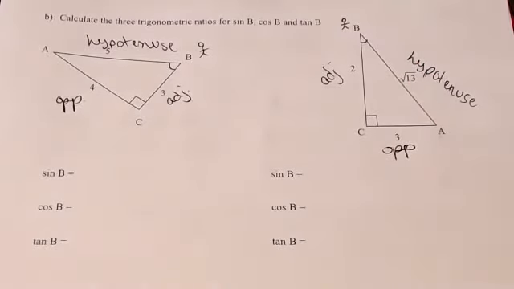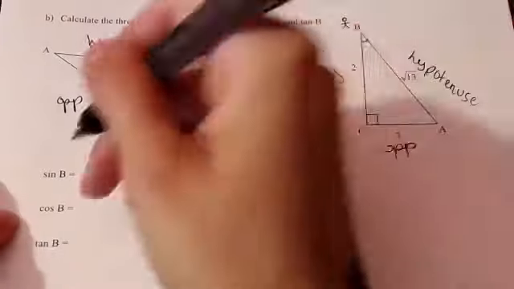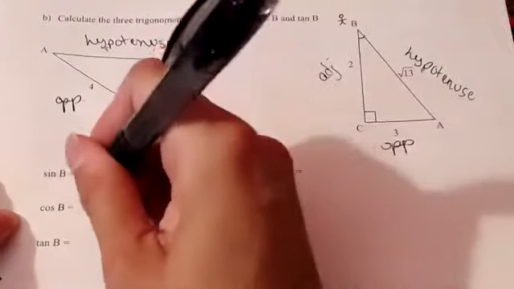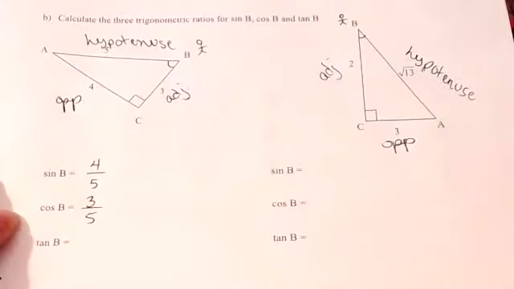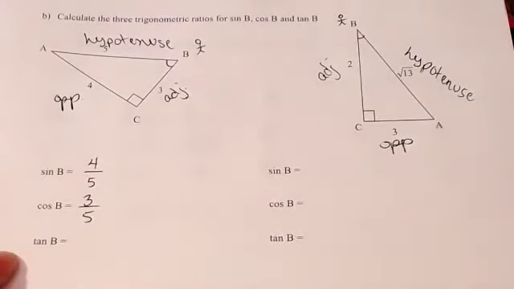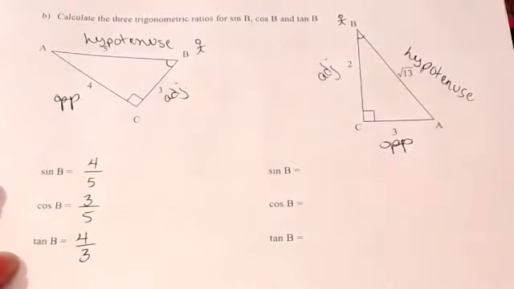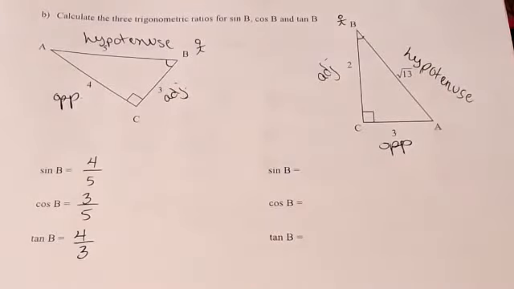For your sine of B, opposite over hypotenuse, you should have had 4/5. For cosine of B, adjacent over hypotenuse, that should be 3/5. And then for tangent, it's opposite over adjacent, which is 4/3. And that takes care of your first set of trigonometric ratios.